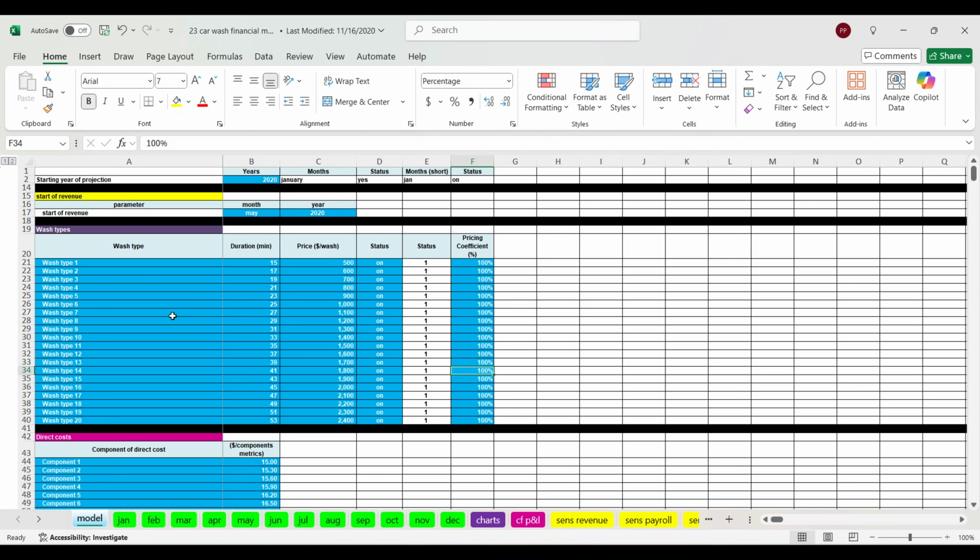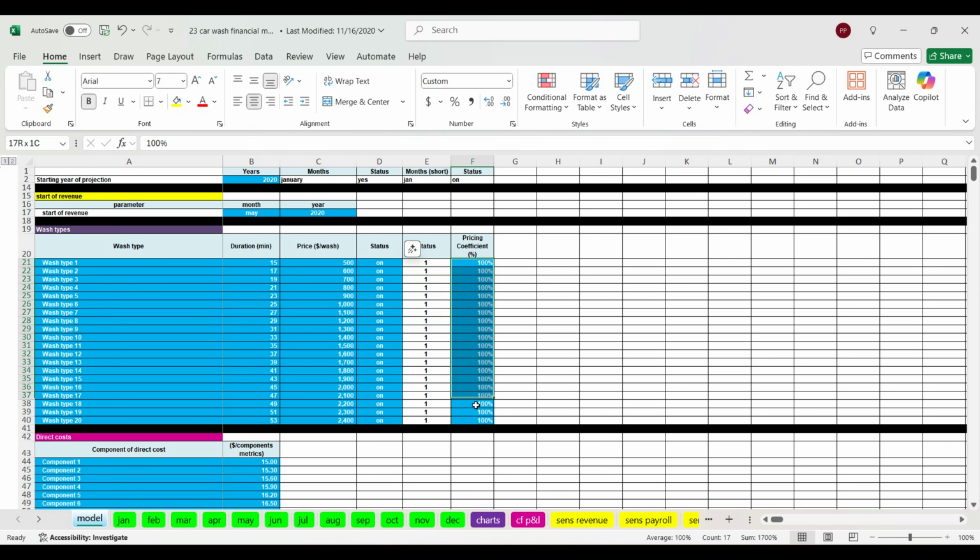So for example if we're too optimistic about this car wash service or that one, we will be able to quickly switch it off and see what the payback period will be in this particular scenario. So this column gives you huge flexibility during scenario play, many steps ahead when the financial model is ready.